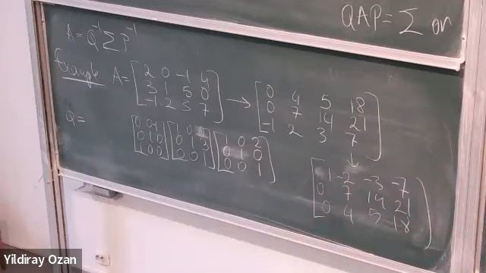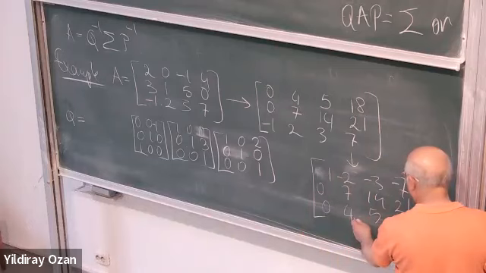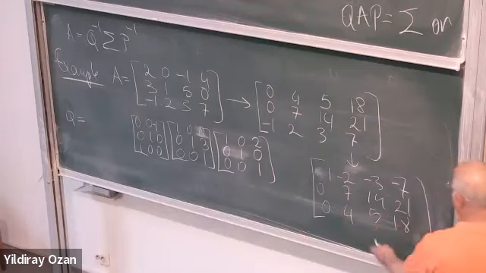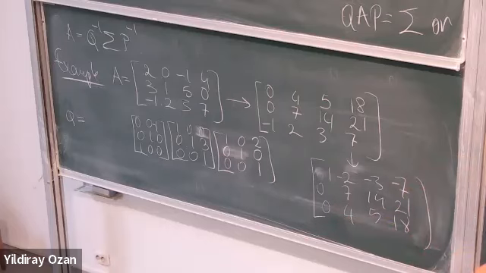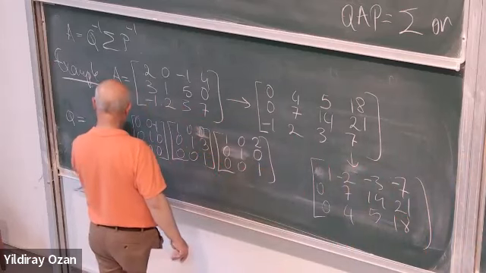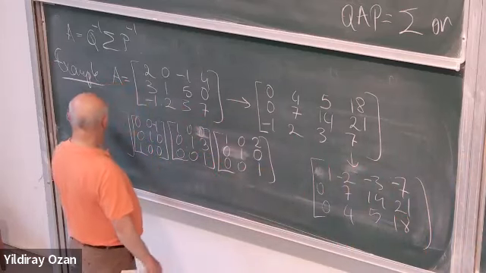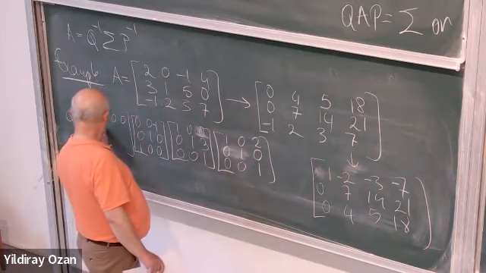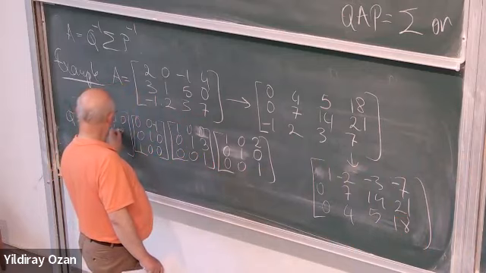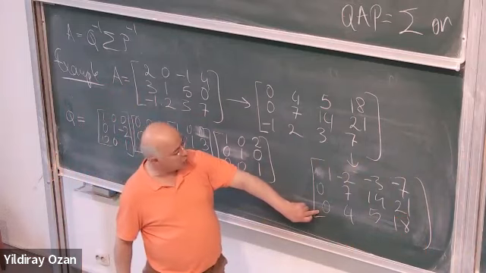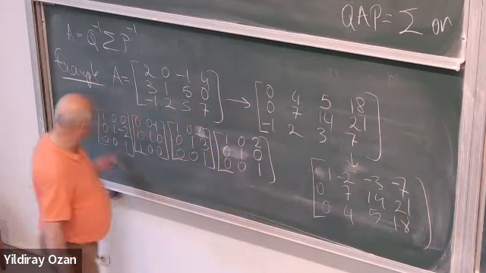Then what will I do? Let me multiply the third row by minus 2 and add to the second one: 1, 0, 0; minus 2, 0, 1; 0, 0, 1. So I multiply the third row by minus 2 and add to this one.